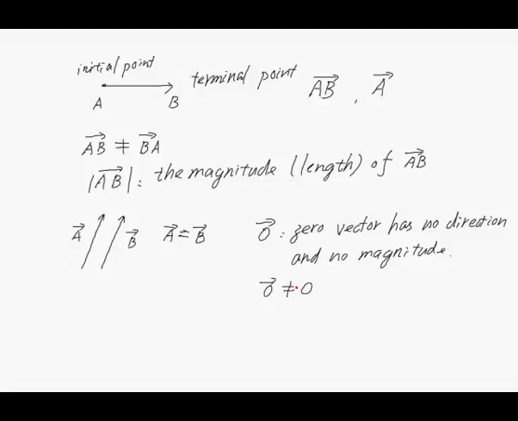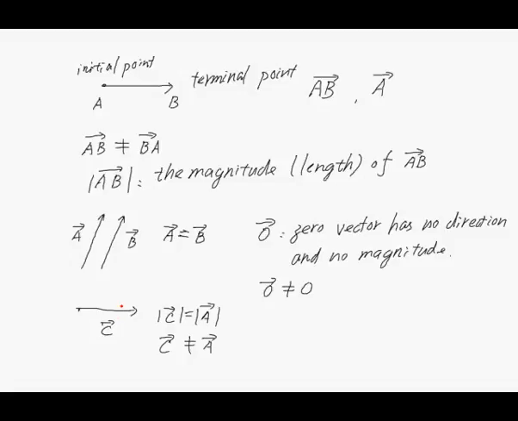So you may have another vector which has the same length as vector A. For example, you have vector C. And this vector C has the same length as vector A, but vector C is not equal to vector A because they have different directions.